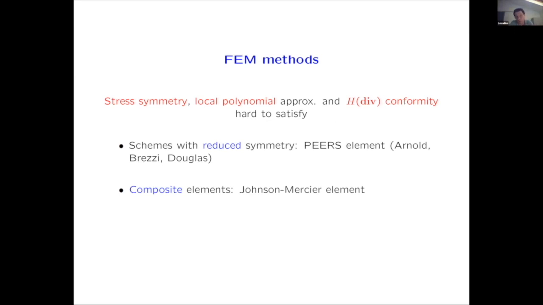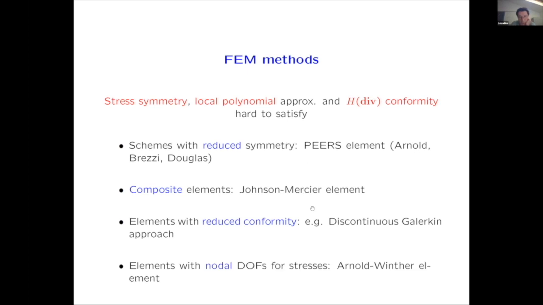You may get rid of the H-div conformity, and of course there are the discontinuous Galerkin approaches that can be considered. And to tell the truth, there are alternatives also satisfying the three properties, and then you come up with the Arnold-Winther element, for instance, in which, however, for the stress field, you have nodal degrees of freedom.